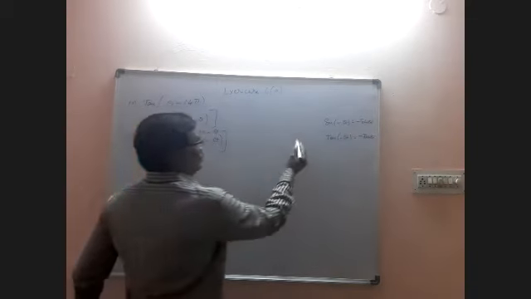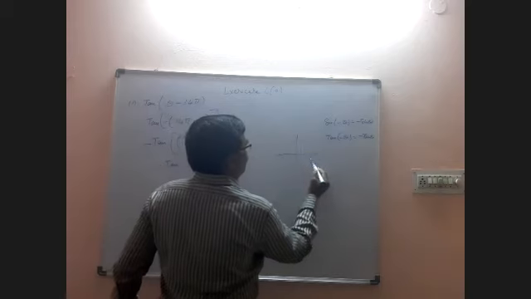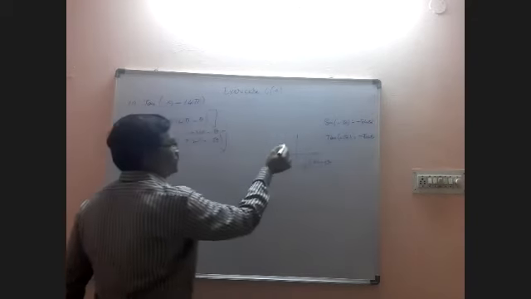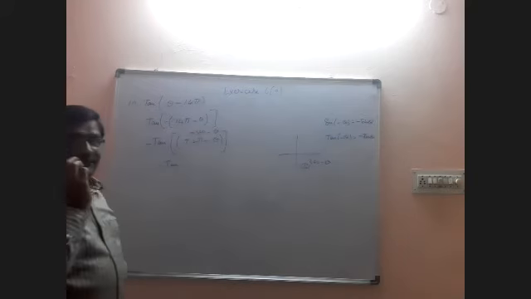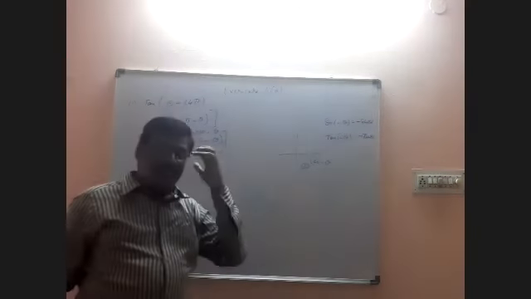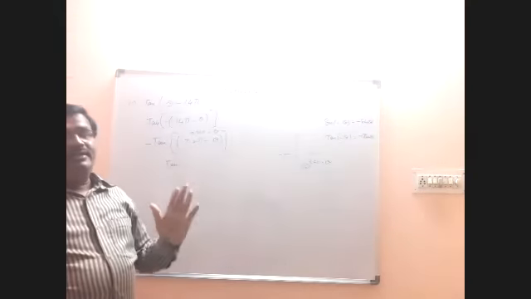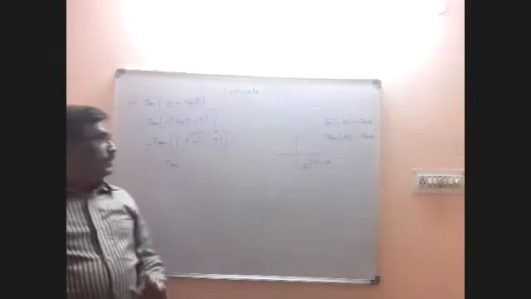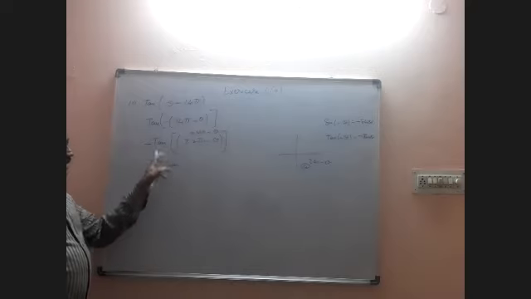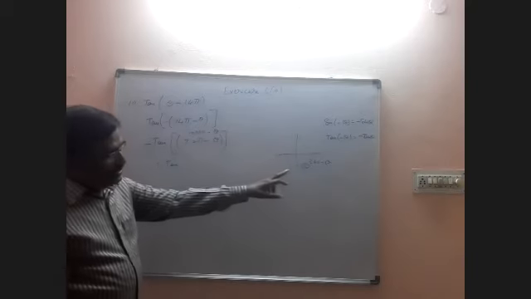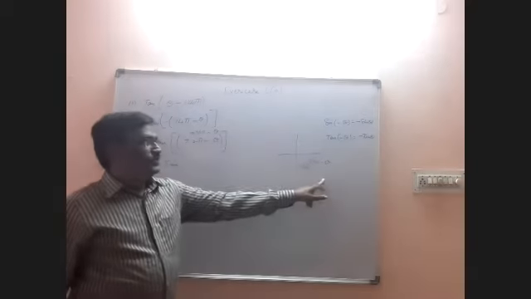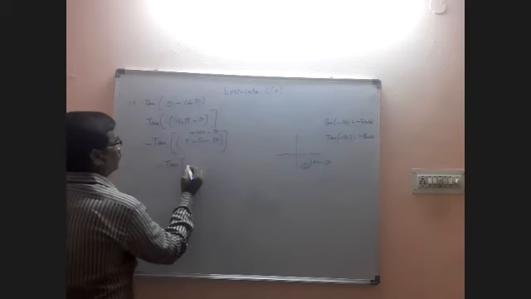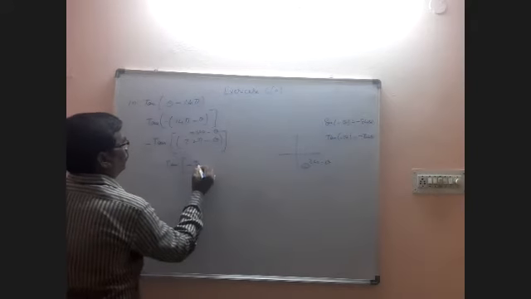In which quadrant is 360 minus theta? The fourth quadrant. You know all silver tea cups: first, second, third and fourth quadrant. In the fourth quadrant only cos and sec are positive, remaining all are negative. So tan of 360 minus theta is minus tan theta.